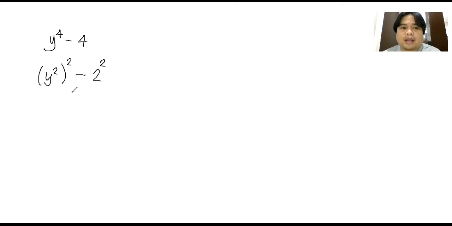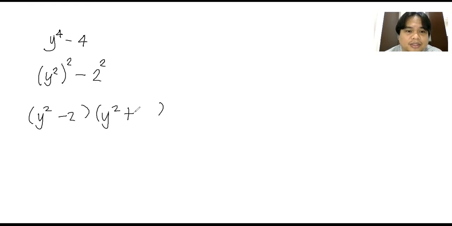Now, since we have already expressed each term into a square, all I have to do now is factor them out. So the factors are just the copied bases: y squared minus 2 and y squared plus 2.